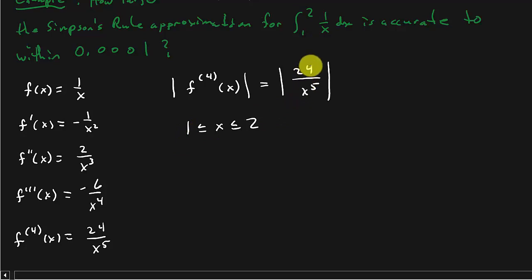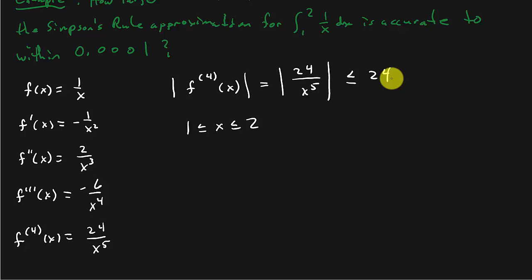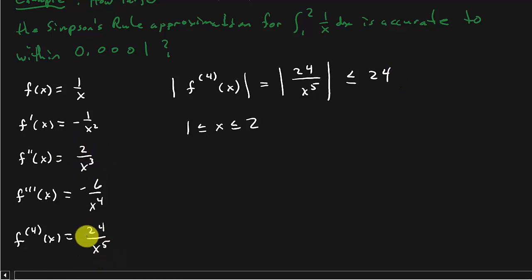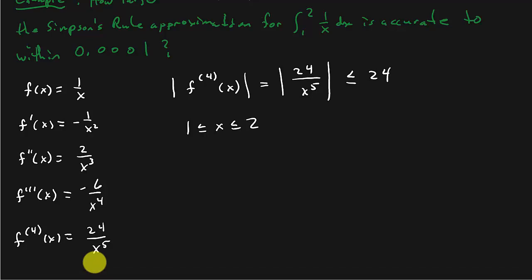If I plug the 1 in, that's going to be 24 over 1. If I plug in any number larger than 1 up to 2, this is going to give me a smaller value, because the denominator is getting larger. So we know this is less than or equal to 24. It's the same thing we did when we were finding k earlier, except earlier we were using the second derivative, and now we're using this one.